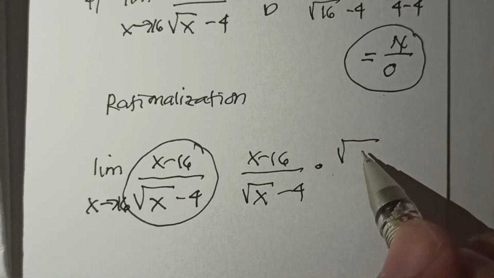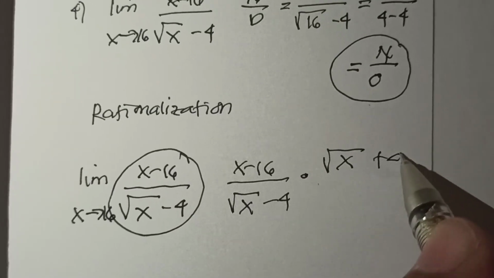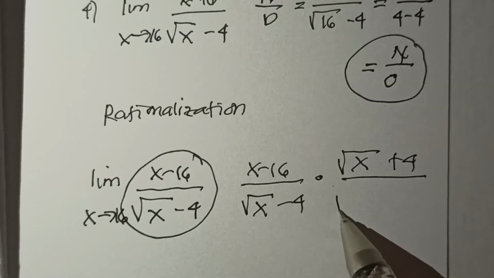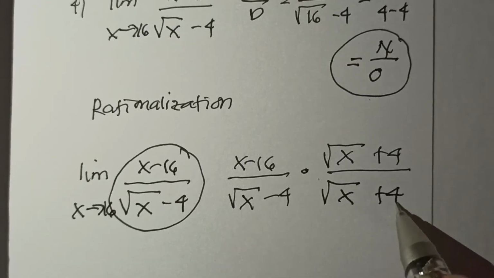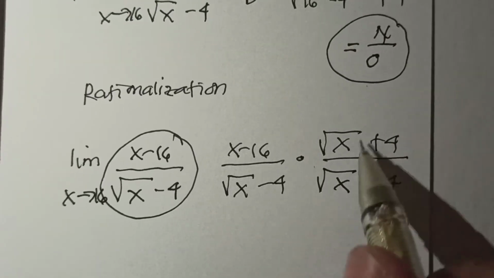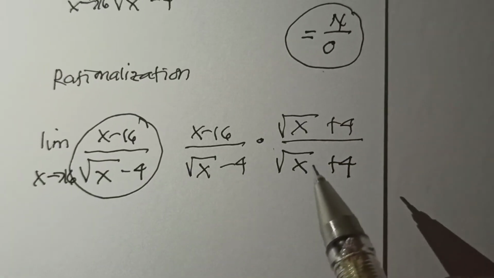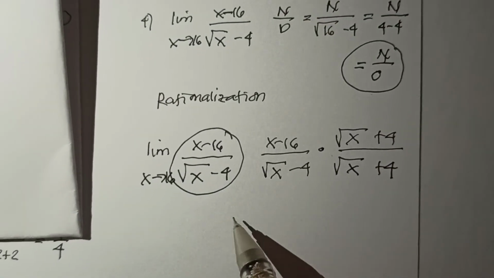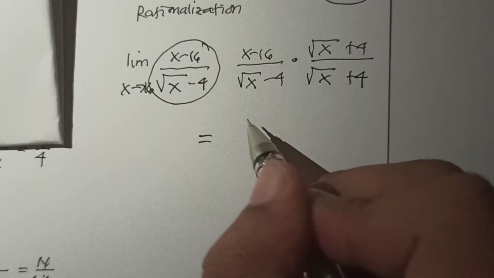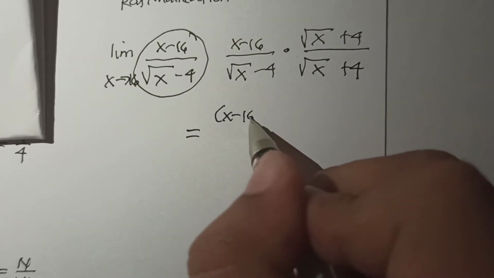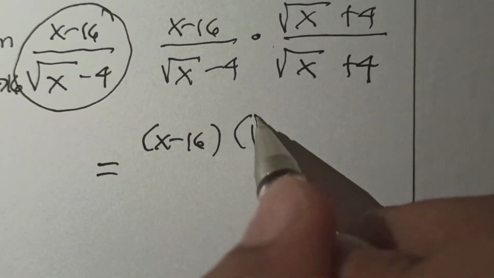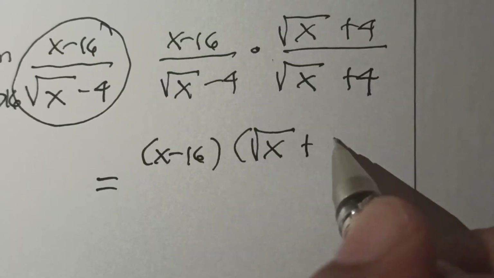Square root of x plus 4 over square root of x plus 4. So that is the conjugate of this part. So multiply x minus 16 by the square root of x plus 4.